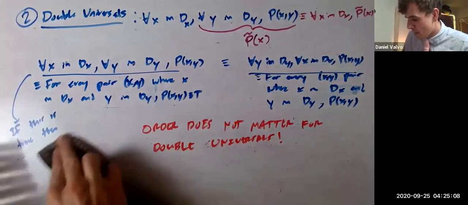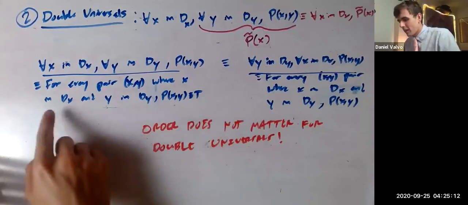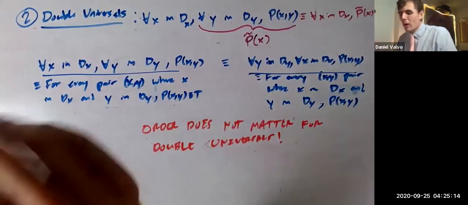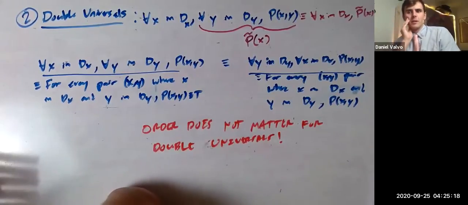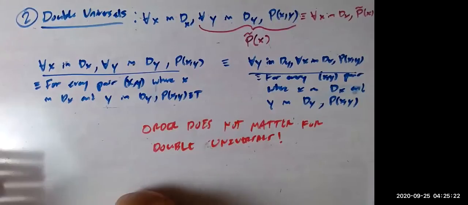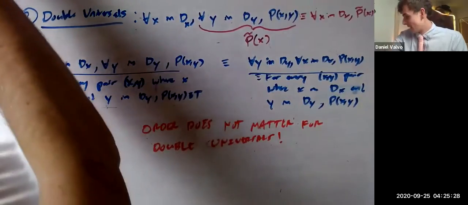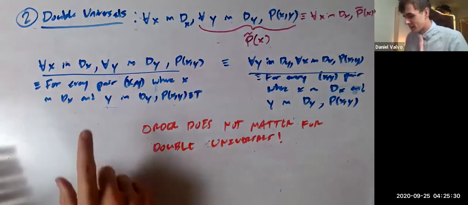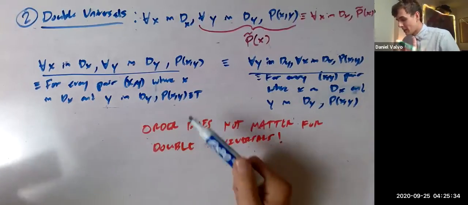But what I'm getting at more is, can I write an equivalent statement without using two universals at all, without even using multiple quantifiers? Yeah, you could use the cross of domains. This is saying that for every pair x, y where x is in D_x and y is in D_y, we have P of x, y true.